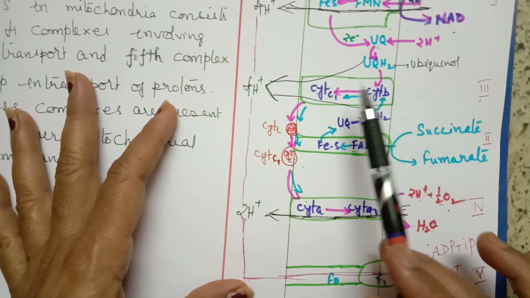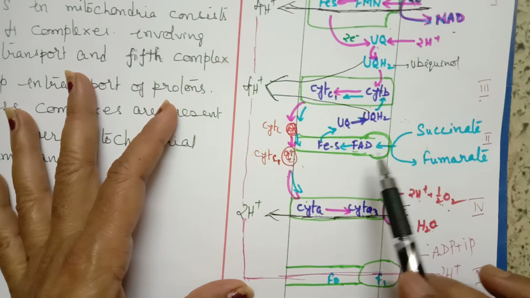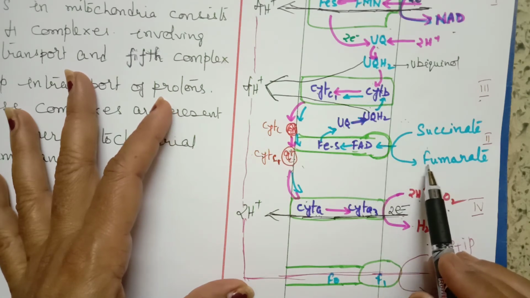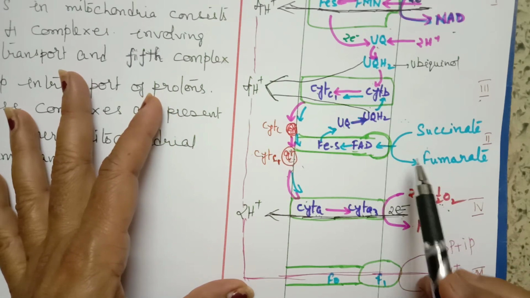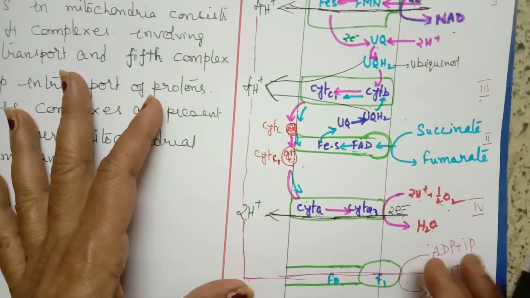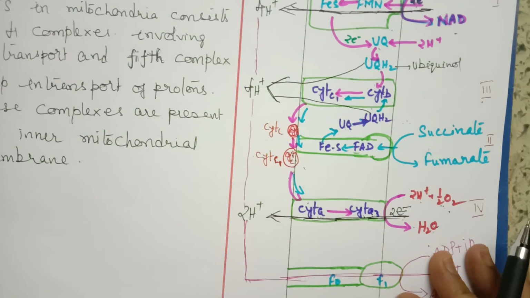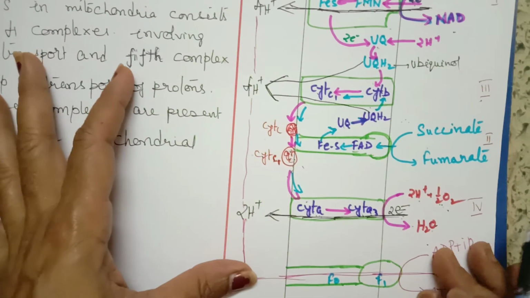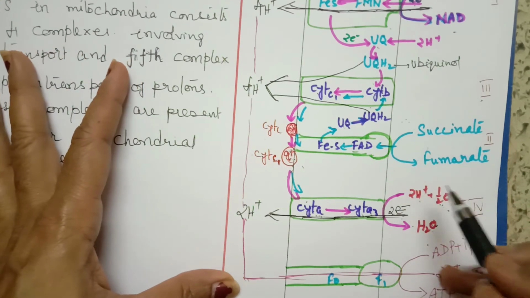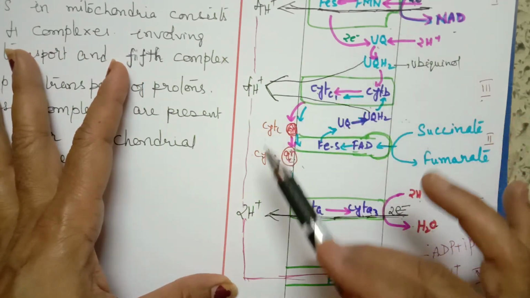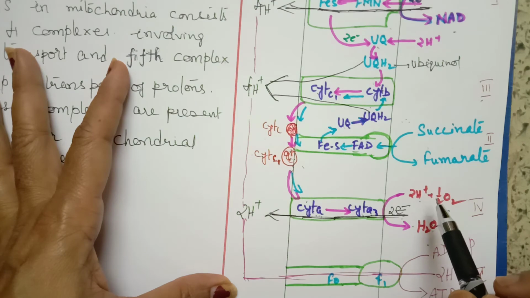This is the path of electron transport for oxidation of FADH2, which is formed in the matrix, in the Krebs cycle. The NADH2 which is formed in matrix, or FADH2 which is formed in matrix. This is the path of electron.